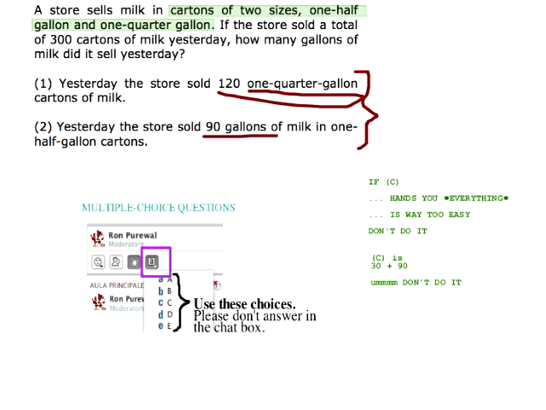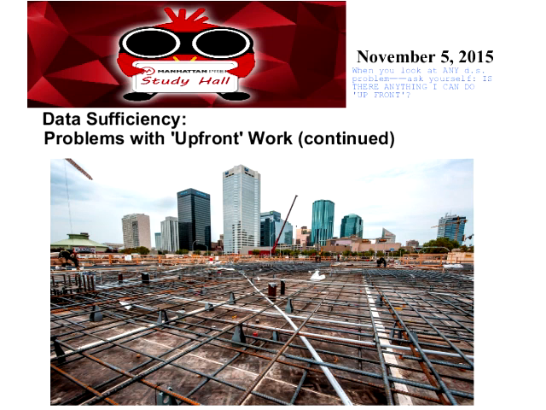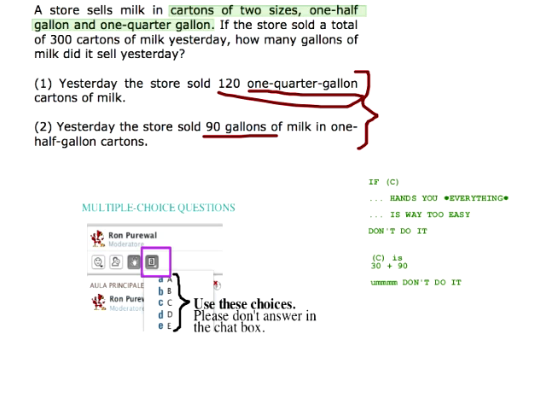So, remember the theme of today's work: what you can do up front. There it is. Here's the picture of people doing upfront work on a building, along with this dashingly handsome cardinal right here. What can you do with this before you start looking at the answer choices, before you look at the numbered statements?